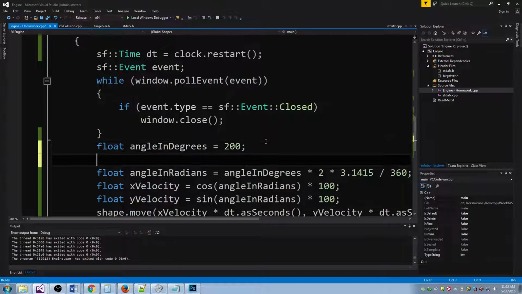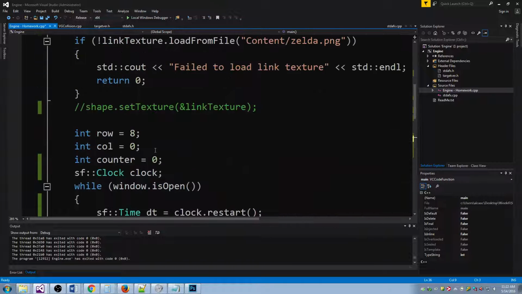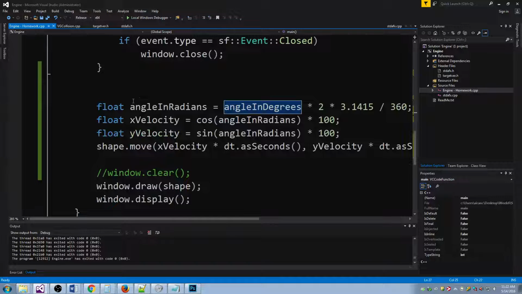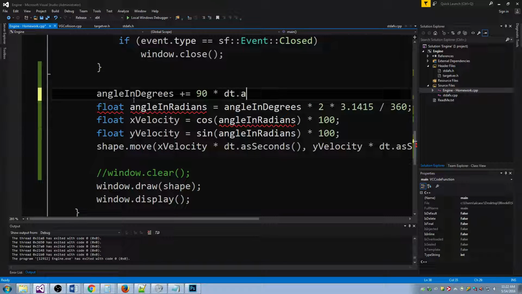You can even have it change over time. So if I wanted to, I could just make this thing change 90 degrees times. I'm going to have it rotate.